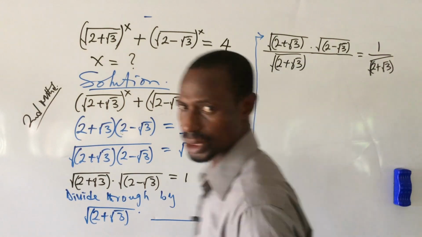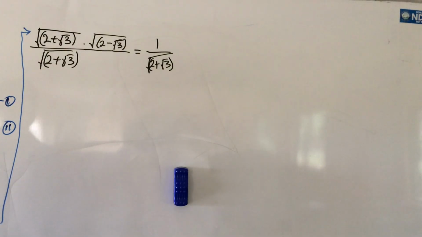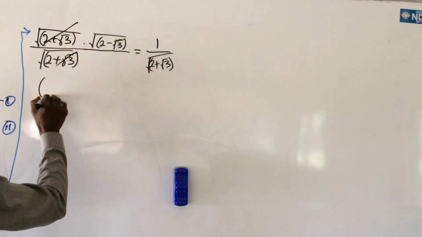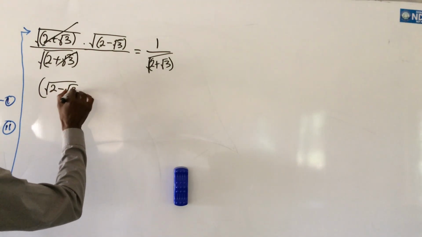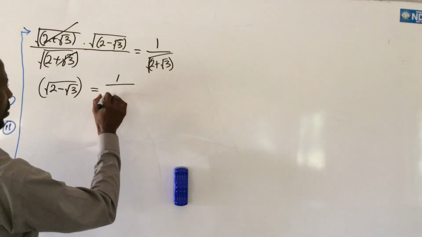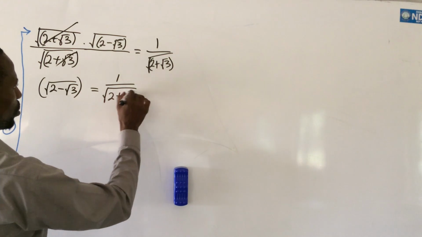Let's put this in bracket. Any confusion? So from here, this will take care of this. So we are now left with √(2 − √3) equal to 1 over √(2 + √3).